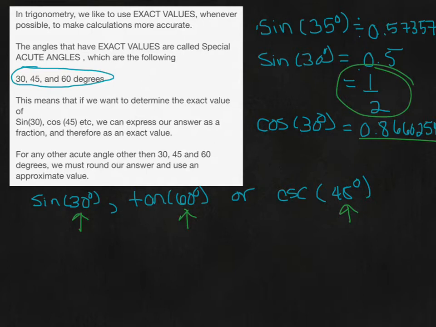So the key thing to recognize is that for any trigonometric function, whether it's primary or the reciprocal, as long as the angle is 30, 45, or 60 degrees, we can state the value as an exact measure. So we're going to figure out exactly how to do that.